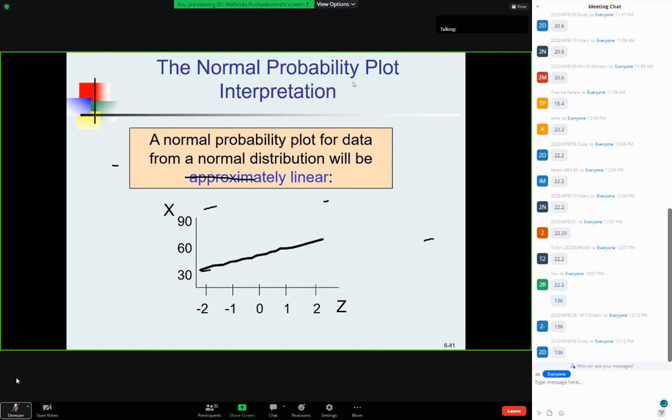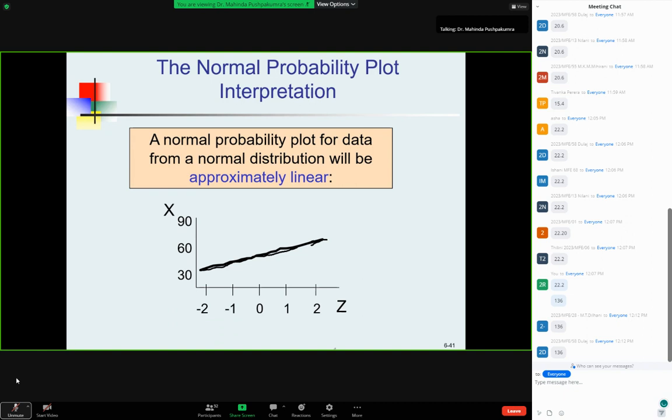Then when you plot the x and z, if the curve is like this, the normal probability plot for the data from the normal distribution will be approximately linear. It is a linear curve like this.